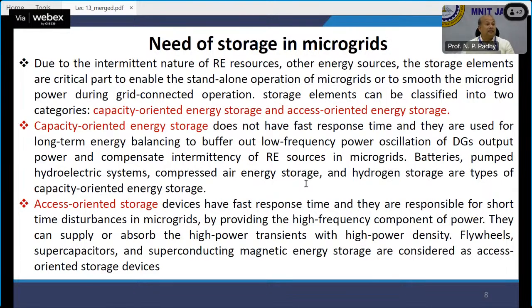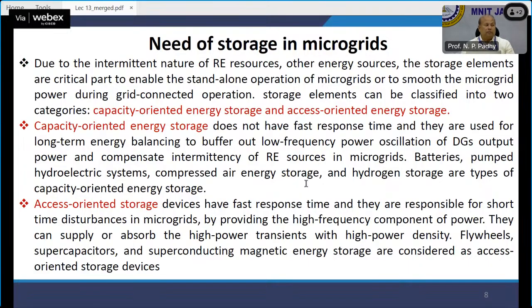Because your generation keeps on varying, which has never been more or equal to 10 kilowatt. In that case, we want everything to be stored, and the load will be catered by the storage device all the time at 10 kilowatt as and when required.